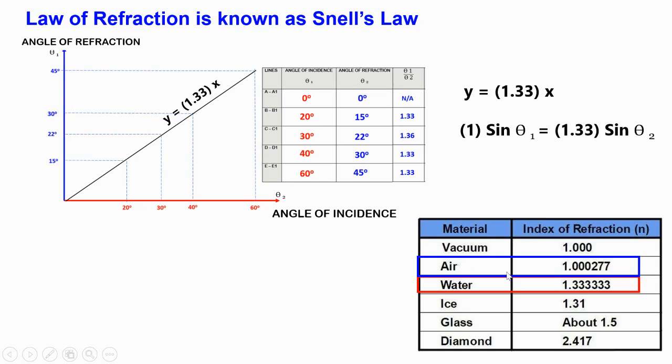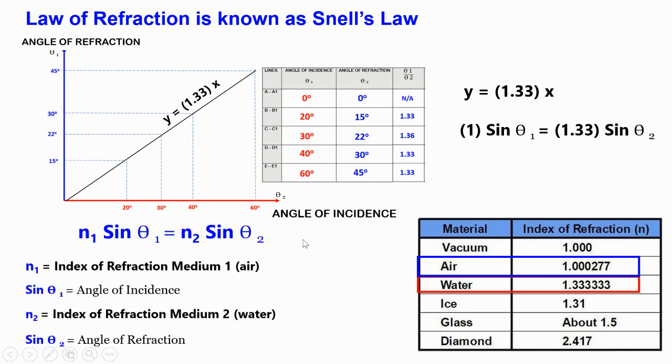You know the index of refraction of the air is 1, and we know these values here, 15, 20, 22, 30, 45, are the angles of refraction. So we have here 1 times sine of the angle of incidence is equal to 1.33 times sine of the angle of refraction.